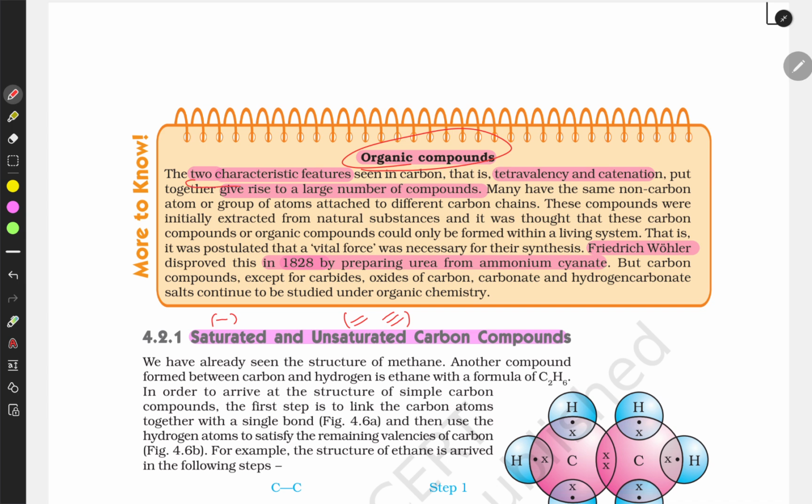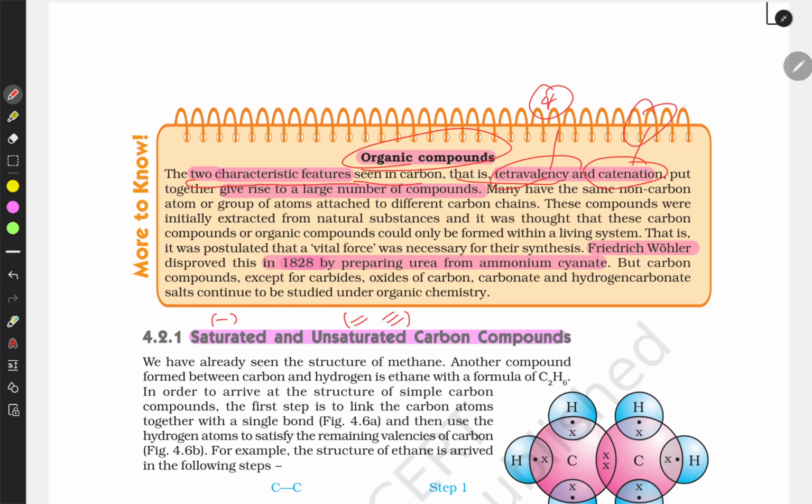In organic compounds, two characteristic features are seen in carbon, that is tetravalency and catenation. Tetravalency is that it forms four bonds. It has a valency of four, so it shares with four electrons. It needs four electrons to complete its outermost shell.